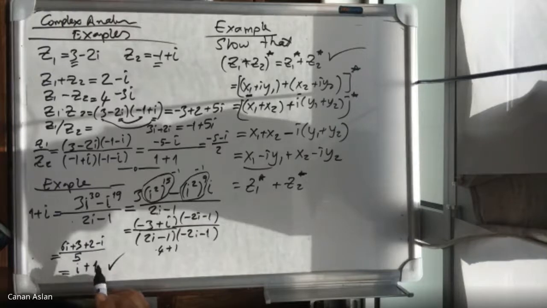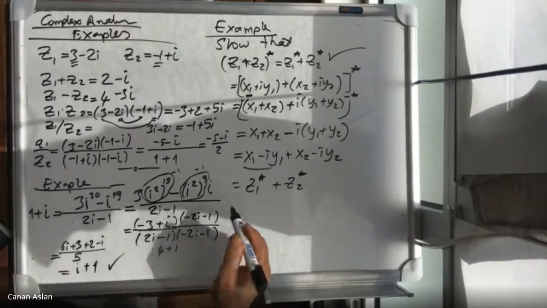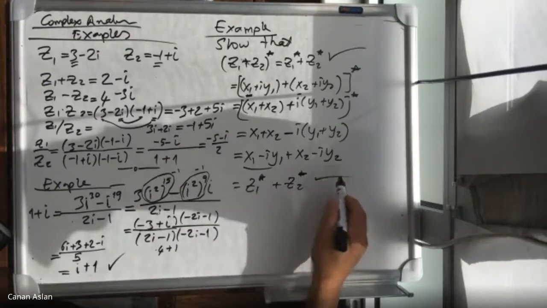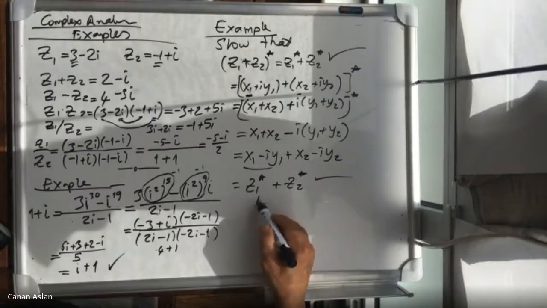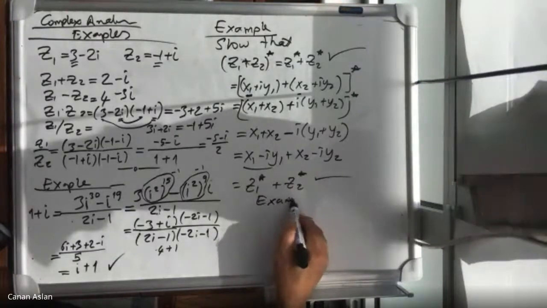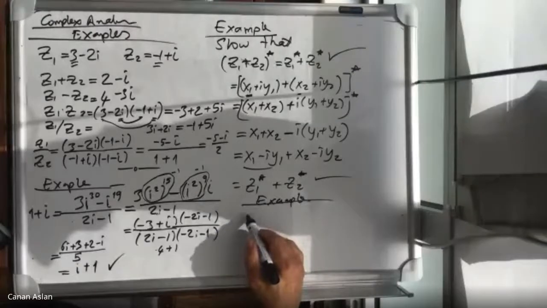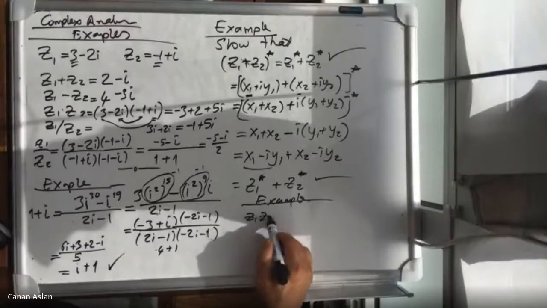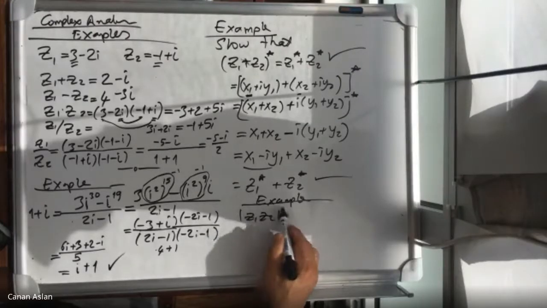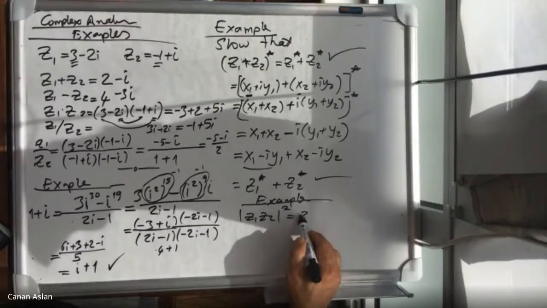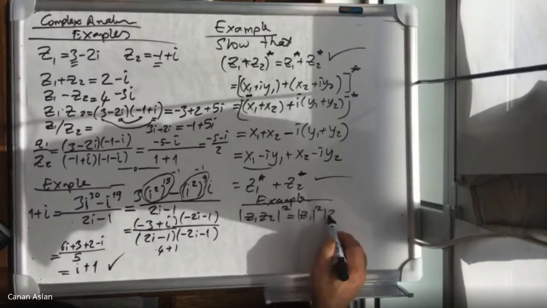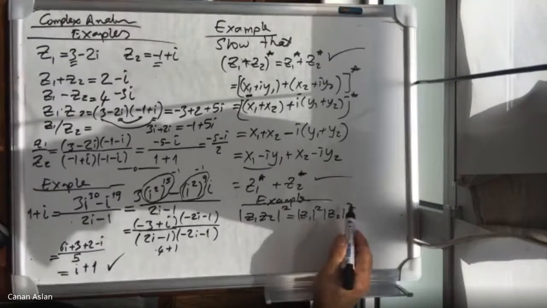So we can also show that, this is the last example for this part, okay, is this. Show that the magnitude of Z1 times Z2, squared, is equal to the magnitude of Z1 squared times the magnitude of Z2 squared.